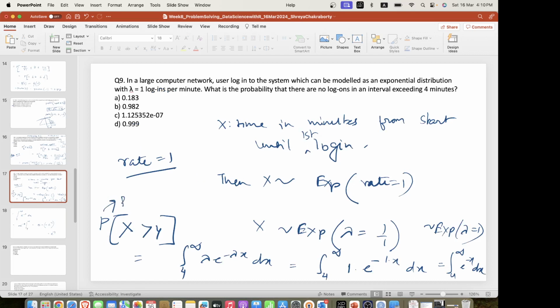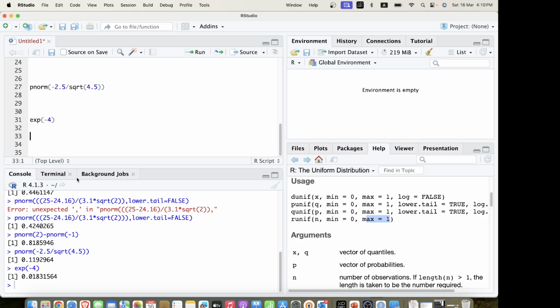Here we can write pexp, q equal to 4, rate equal to 1, okay, and lower.tail equal to false. So we'll write this pexp.